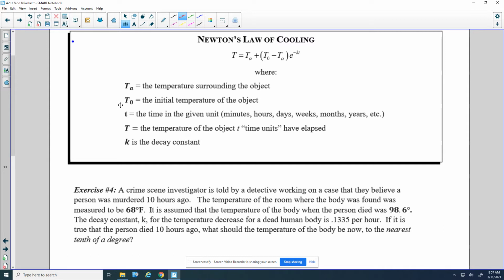So this says a crime scene investigator is told by a detective working on a case that they believe a person was murdered 10 hours ago. The temperature of the room where the body was found was measured to be 68 degrees Fahrenheit. It is assumed that the temperature of the body when the person died was 98.6. The decay constant K for the temperature decrease for a dead human body is 0.1335 per hour.